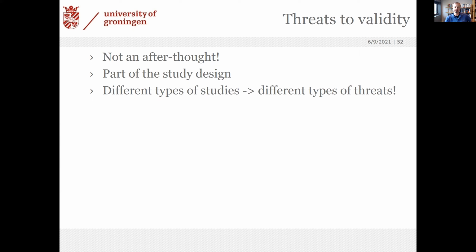So people tend to treat threats to validity as the same, and sometimes you see threats that are meant for experiments being applied to case studies. Not a good idea. So different types have different threats. So you should try to make sure that you are applying the right threats according to your study.